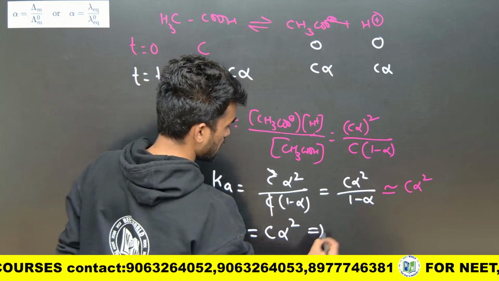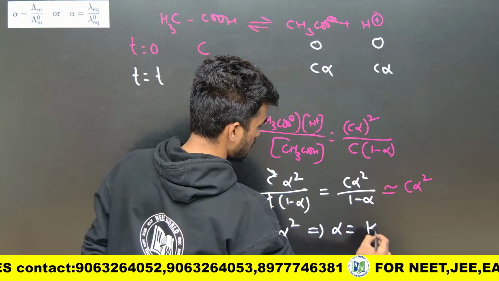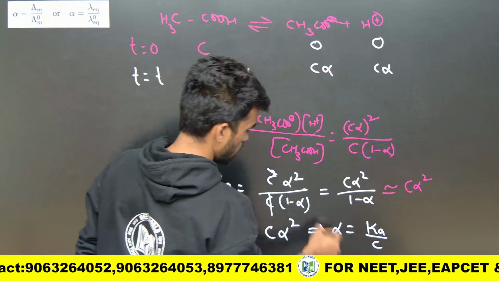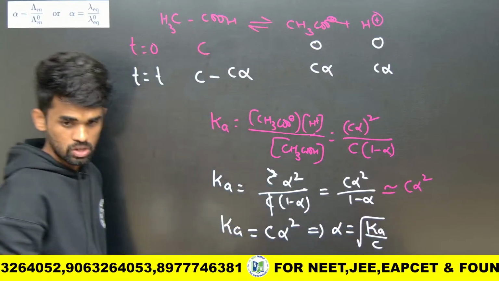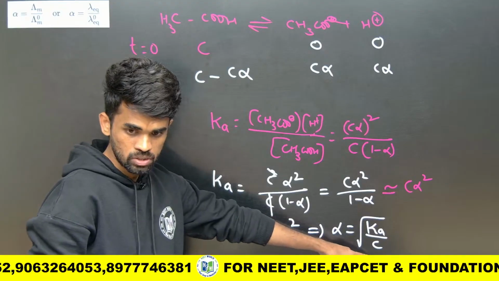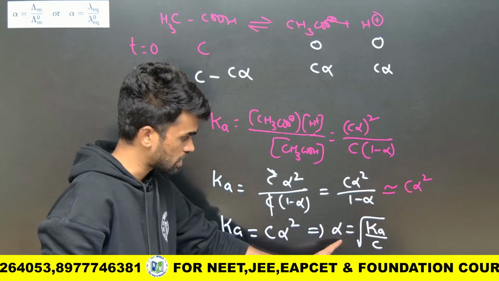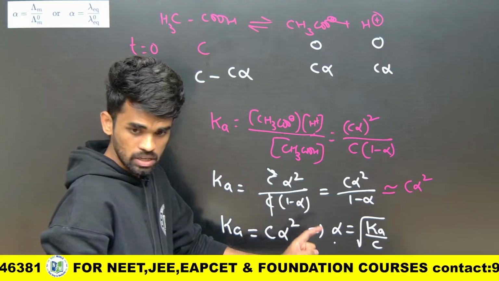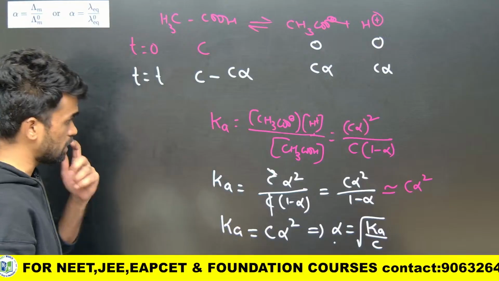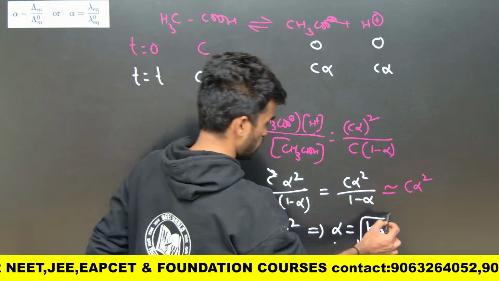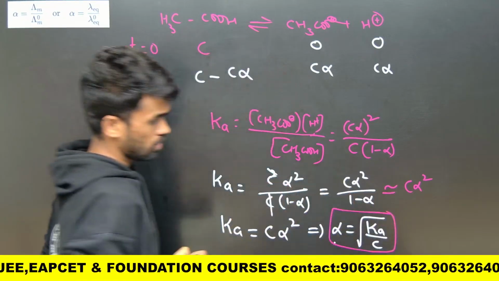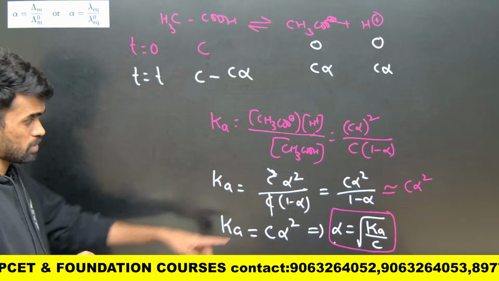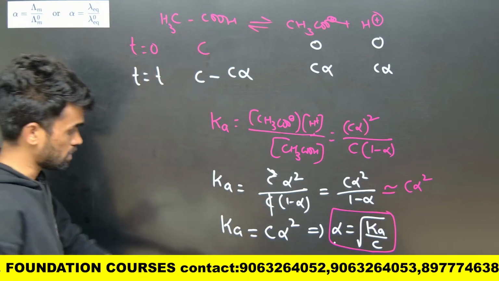From this, alpha will be equal to the root of Ka by C. So alpha is inversely proportional to the root of C. Lower concentration, greater dissociation for a weak electrolyte. Right? This is the Ostwald dilution principle.